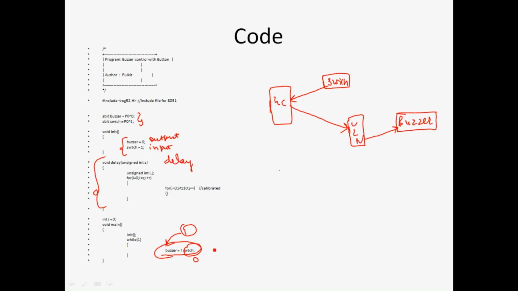And the coding part, as I've already told you, between these two braces we have this code where buzzer is equated to not switch, so it means that whenever switch is pressed, buzzer will ring.